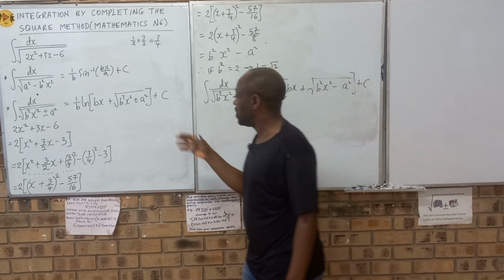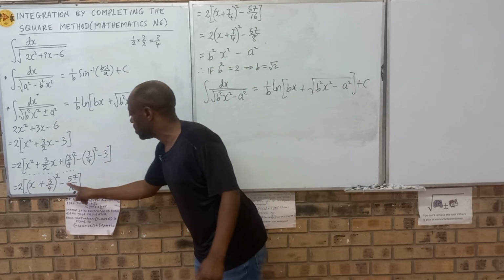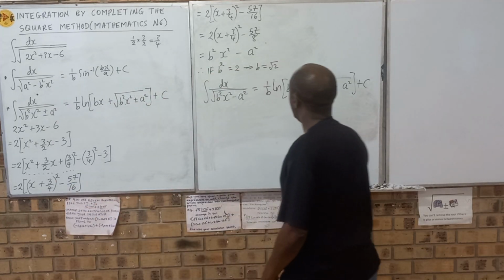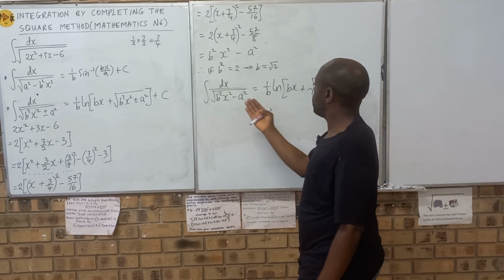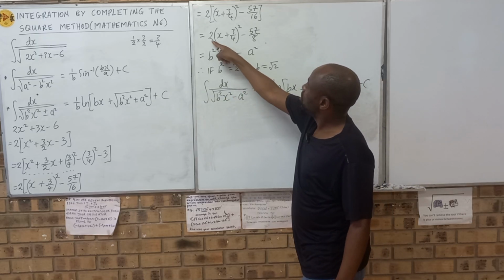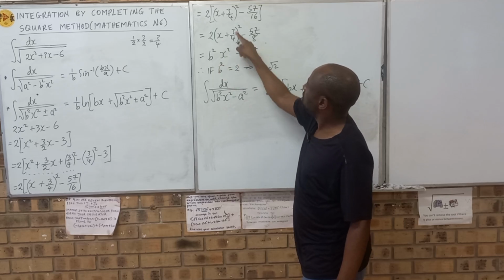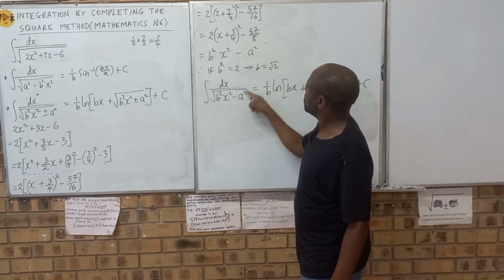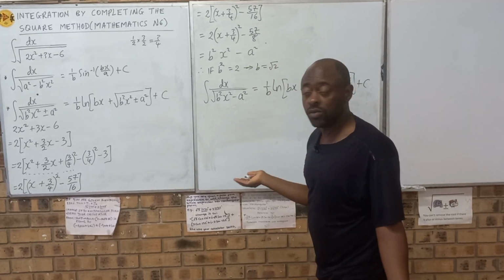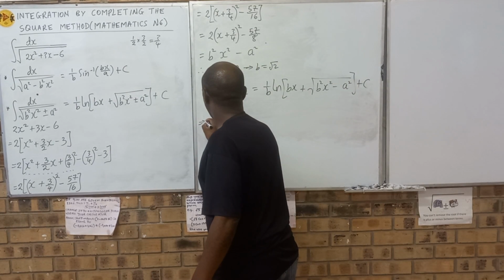I will no longer be using plus or negative because after completing the square, it picked the negative sign. So from here, I'm going to replace from left to right my b squared by 2, my x by x plus 3 over 4, my a squared by 57 over 8, and my b by 2, and that will be the end of the story.